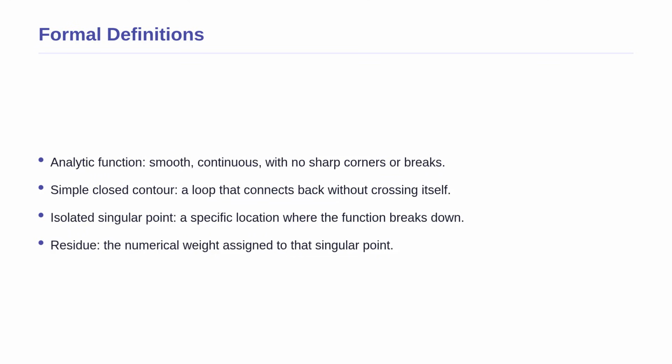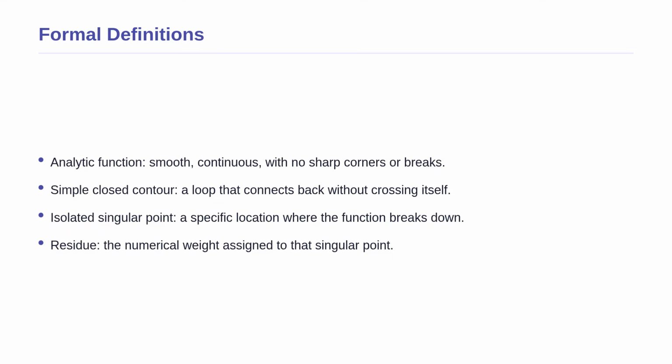First, an analytic function is a mathematical relationship that is smooth and continuous, with no sharp corners. Next, a simple closed contour is just a loop that connects back to itself without ever crossing its own path, much like a rubber band.